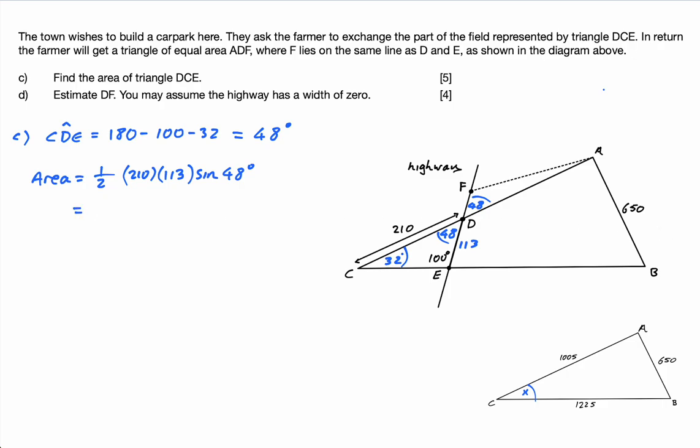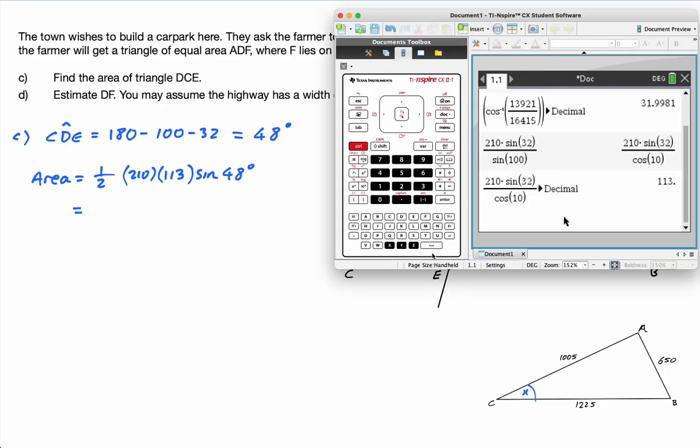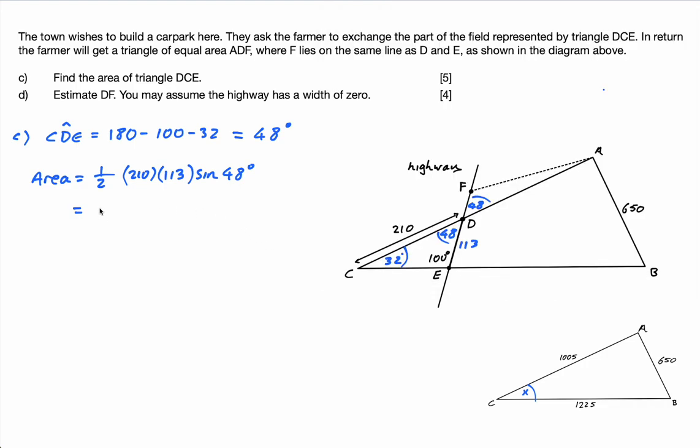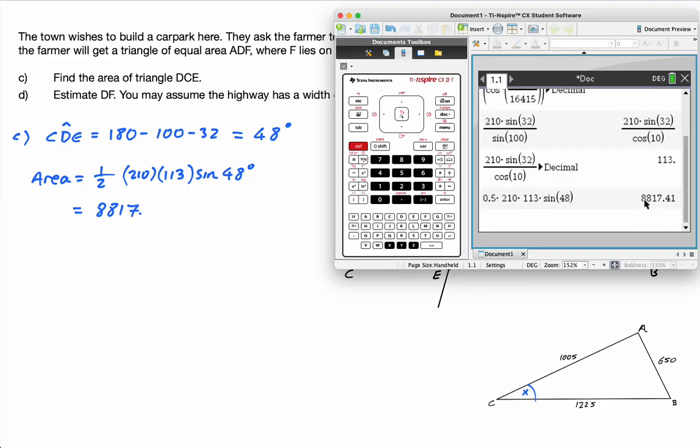Let's do this on the calculator. I'll just do 0.5 for half times 210 times 113 times sine 48, brackets, don't forget the brackets. Calculator's in degrees. Press enter. 8,817.41.